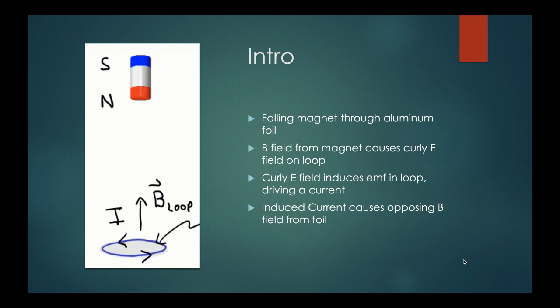And so the B field from the magnet caused a curly E field on the loop, being the aluminum foil, and the curly E field would cause an induced EMF in the loop, which would then drive a current, and this current would then cause an opposing B field, coming from the foil and opposing the movement of the falling magnetic dipole.